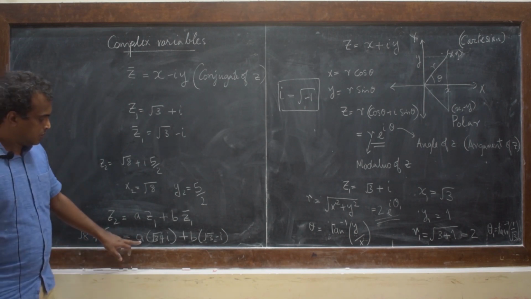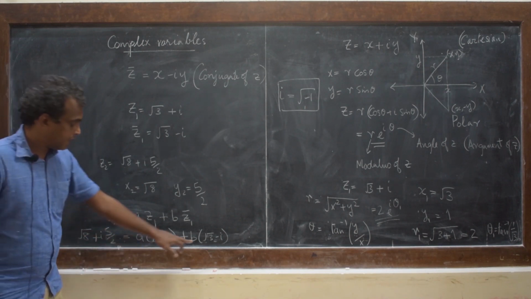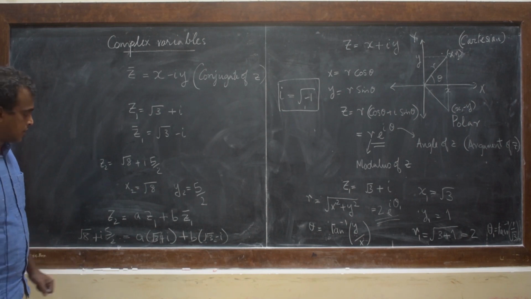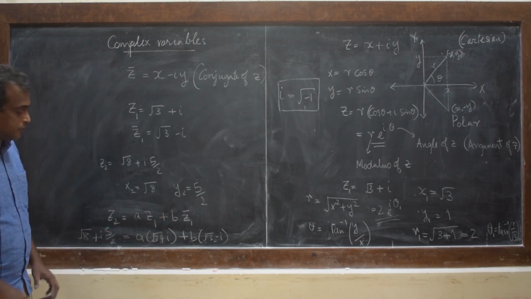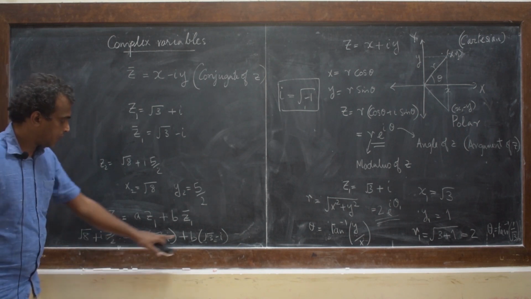We could try to solve for A and B, and thus ensure that such a representation is possible. Now, how do I solve for A and B?